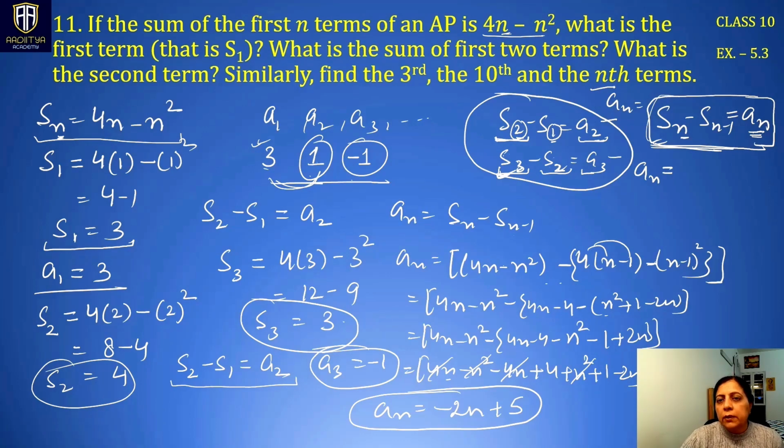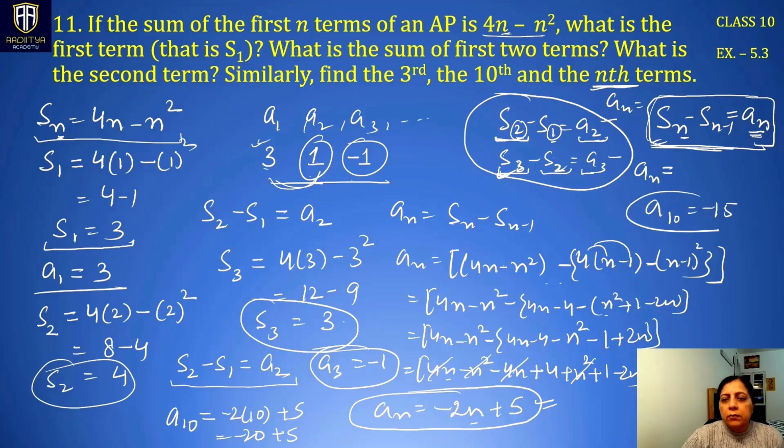So the nth term is this, represented by this general formula. And if you have to find a10, the 10th term, simply put n as 10 here. Minus 2 times 10 plus 5. So this is minus 20 plus 5. So a10 is minus 15.